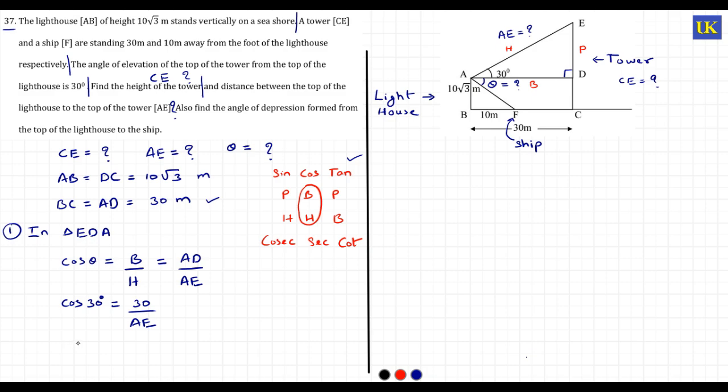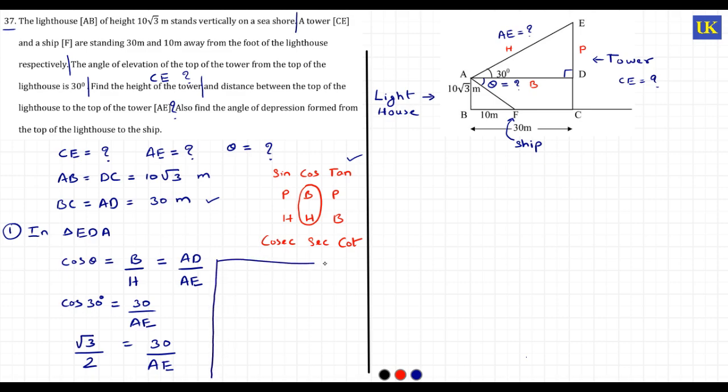So using that table, the value of cos 30 degrees is root 3 by 2. Then 30 as it is, and AE as it is, we will write.